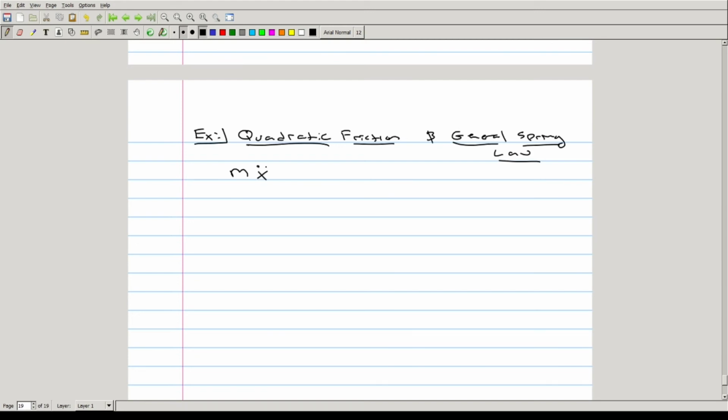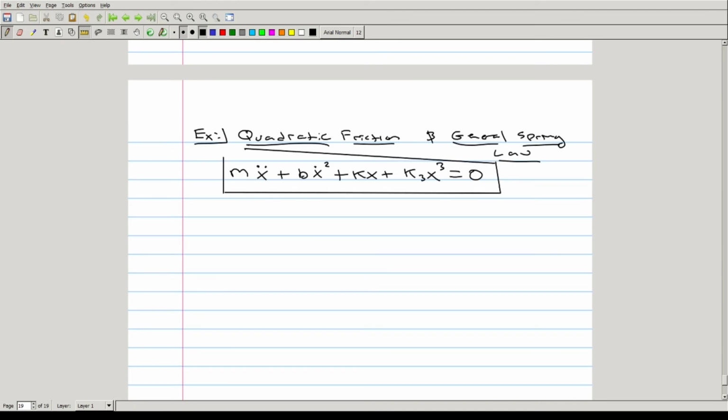And this results in this ODE right here, which is a nonlinear second order ODE that is equivalent, just like the other examples that we've considered, to the autonomous system of first order ODEs.